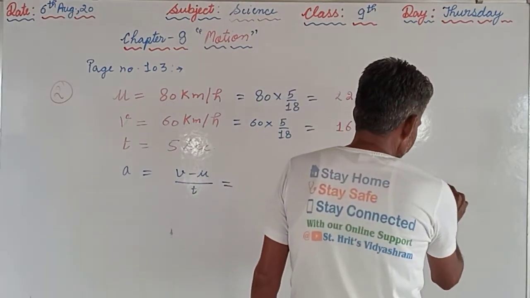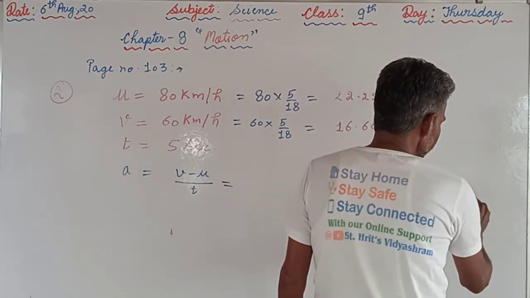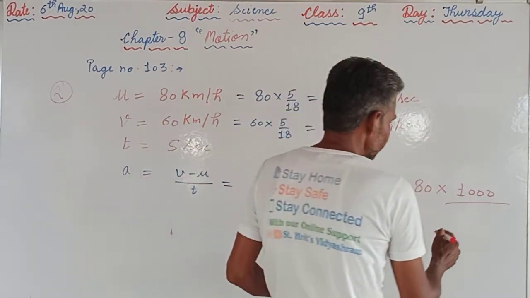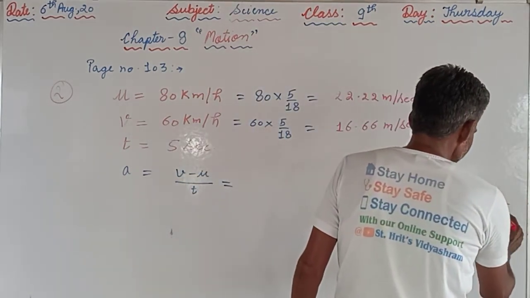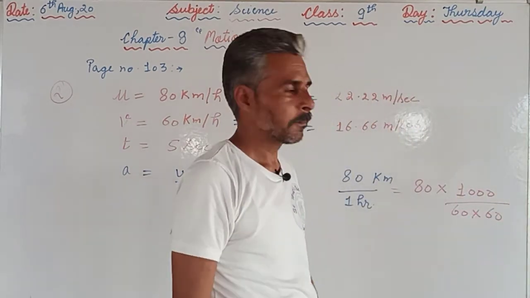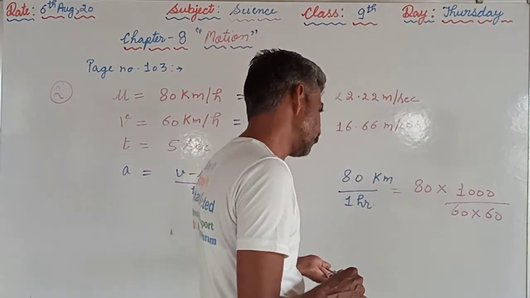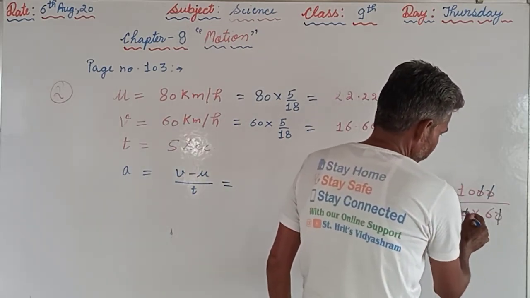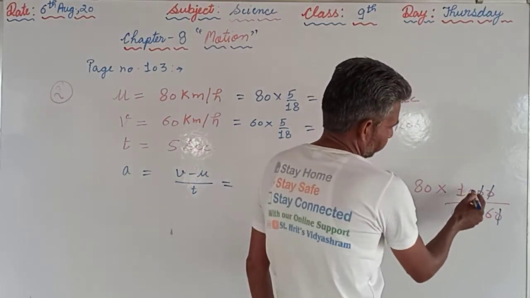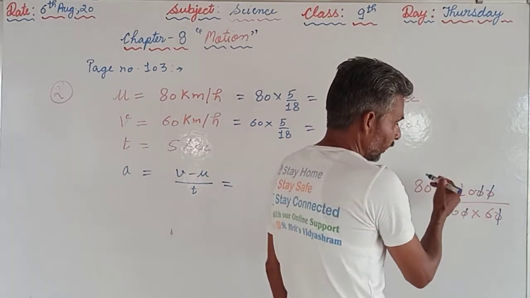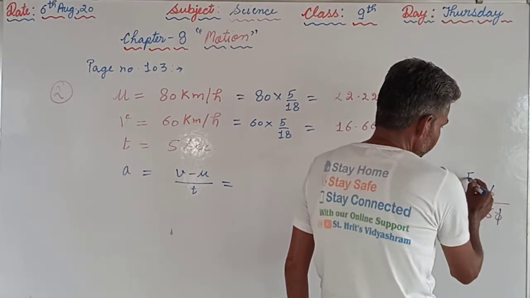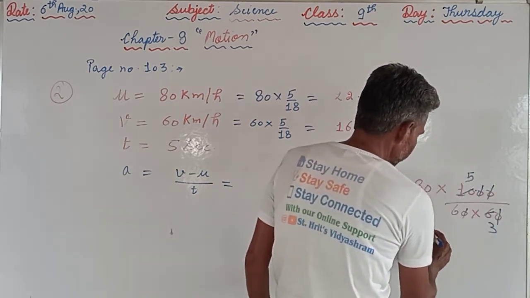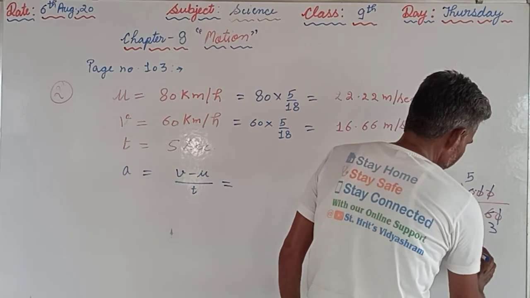So 80 into, to convert into meters we will multiply by 1000, and to change hours into seconds we will multiply 60 into 60. Then we can cancel out the 2 zeros, then we can cancel out 10 and 6 by 2, 2 5 the 10 and 2 3 the 6, so we get 80 into 5 upon 18.